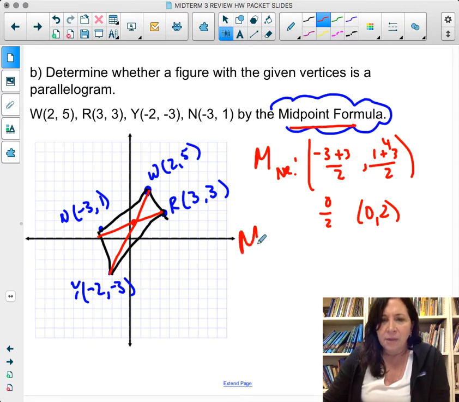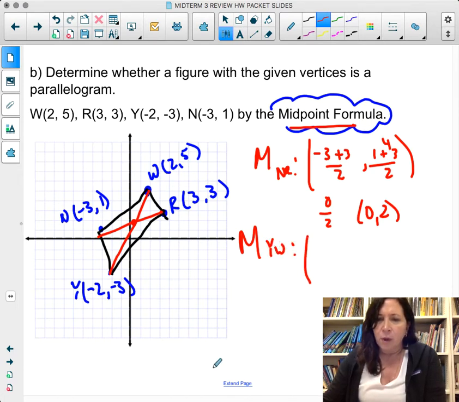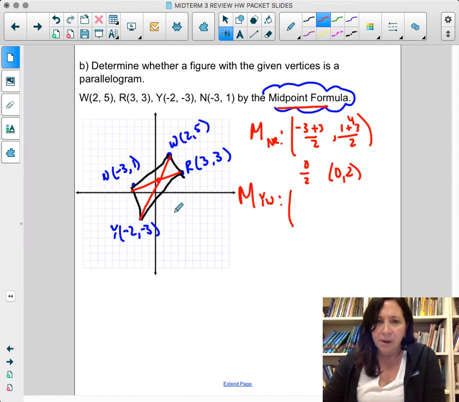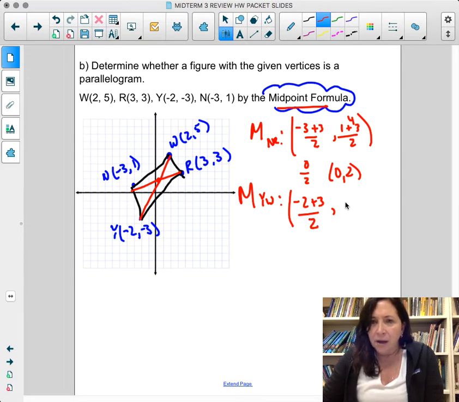That's the midpoint of NR. Now we're going to go for YW. For the midpoint of YW, we add our x's up, divide by 2. So negative 2 plus 3 divided by 2, and then negative 3 plus 5 divided by 2.